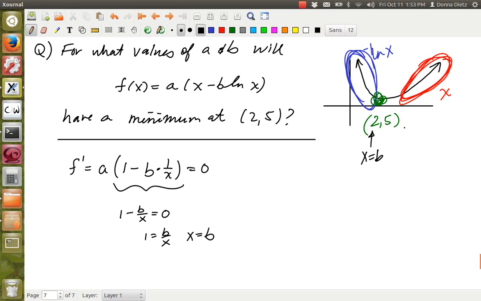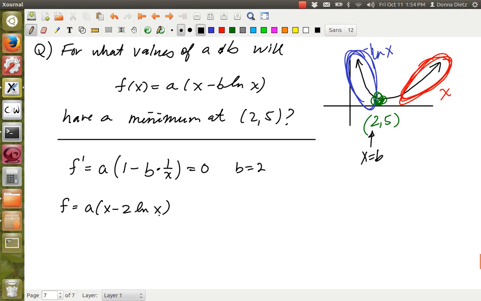Well, that's kind of cool, because we got that kind of for free. We didn't have to do that much work to find it. So now we can plug 2 back into this formula, and let's see what's going on. So I'm going to say b equals 2. We figured out b equals 2. So let's go back to f. F is a, x minus 2 natural log of x.